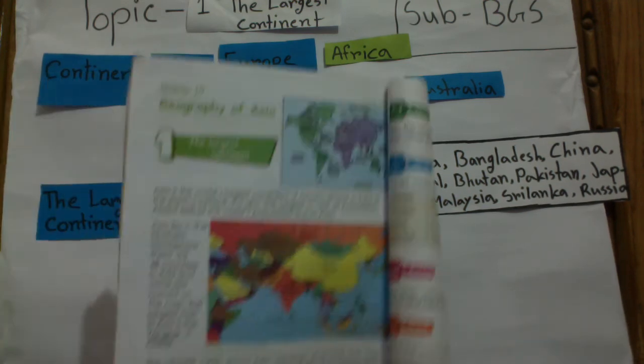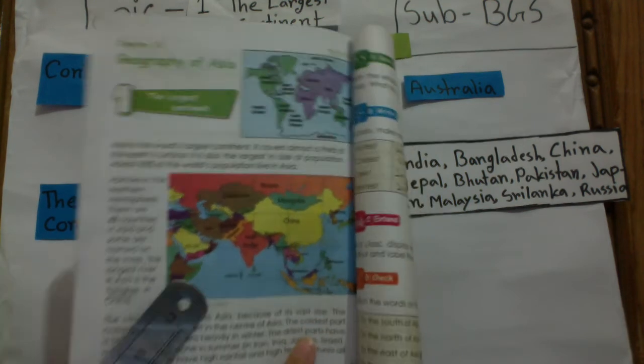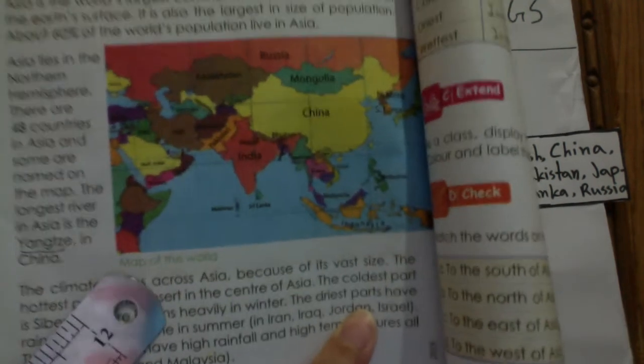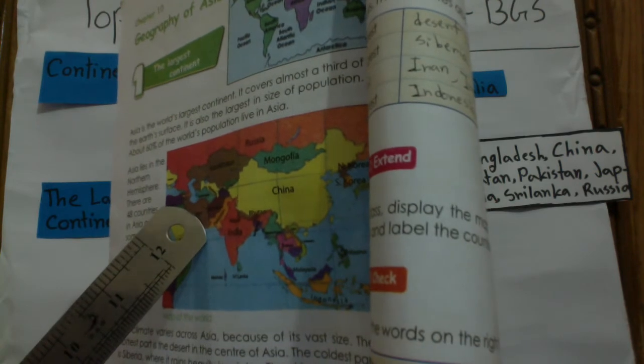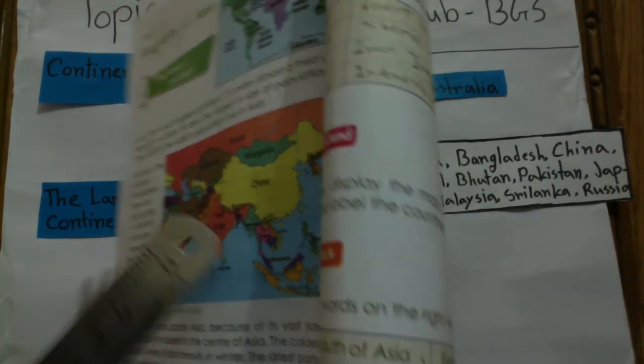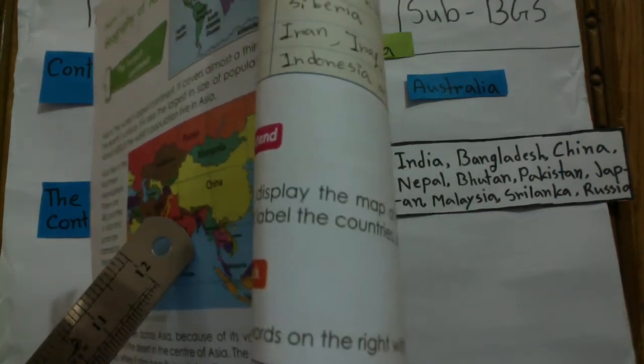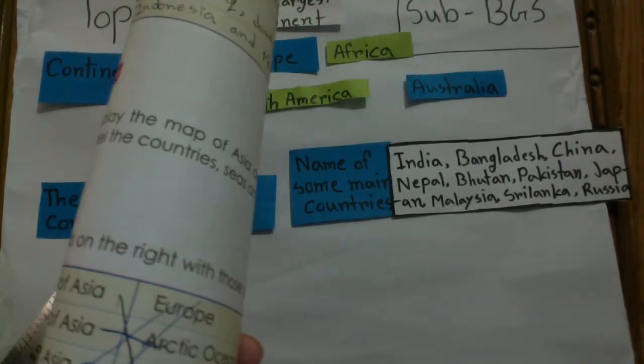Look at the picture. This is China, this is India, this is Nepal, this is Pakistan. Can you find the map of Bangladesh? No, not here. Myanmar, look.